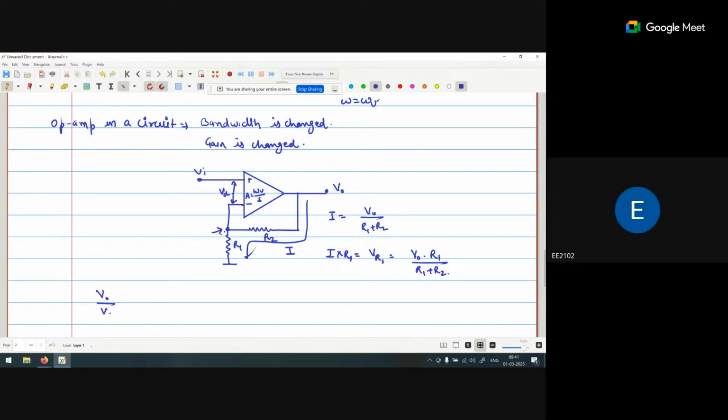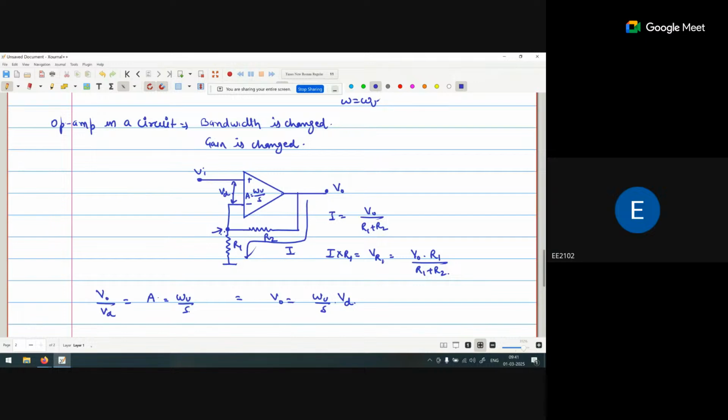So V naught by Vd is A, that is omega u by s. Or we can say V naught is equal to omega u by s multiplied with Vd.